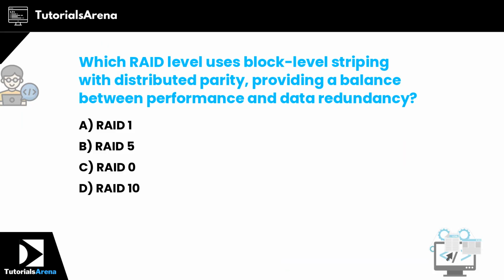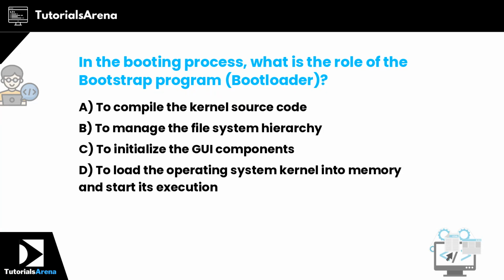Which RAID level uses block-level striping with distributed parity, providing a balance between performance and data redundancy? The correct answer is option B, RAID 5. In the booting process, what is the role of the bootstrap program, bootloader?